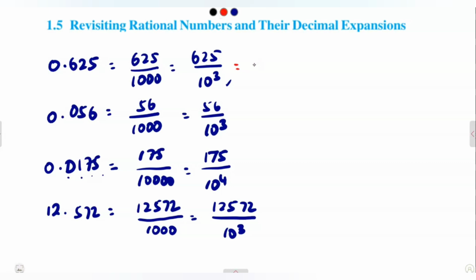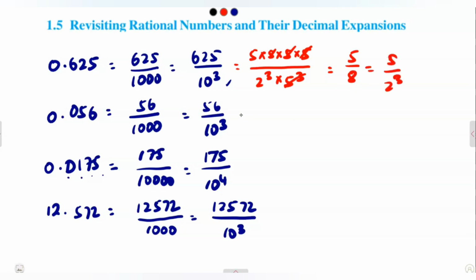625 by 1000: I can write 625 as 5 into 5 into 5 into 5 by 10 cube. This 10 cube I'll put in the form of 2 cube into 5 cube, as 2 cube into 5 cube is the same as 2 into 5 whole cube, which is 10 cube. In this, 5 cube can be cancelled with the three 5s, and you are left with 5 by 8 finally, or you can also write it as 5 by 2 cube.